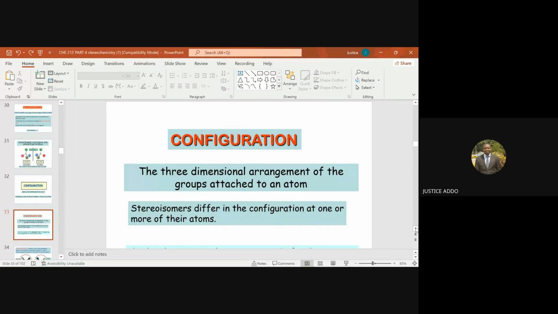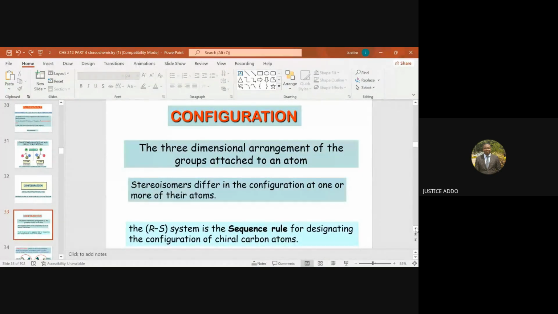So configuration is simply the three-dimensional arrangement of the groups attached to an atom in space. And when we talk about stereoisomers, all they really represent is that they differ in the configuration at one or more of their atoms or chiral centers.